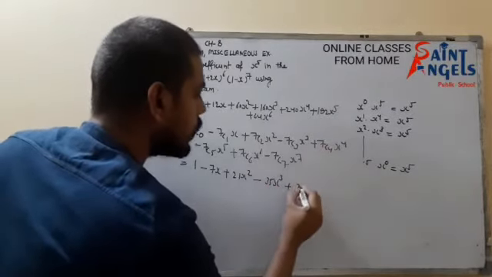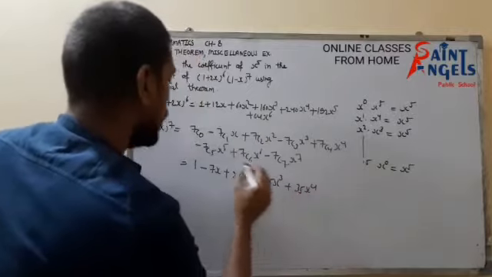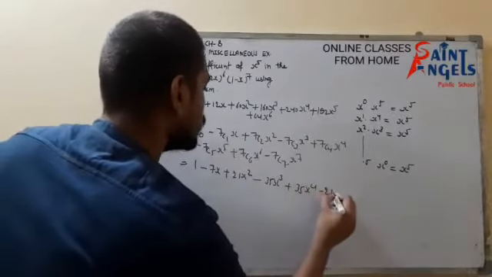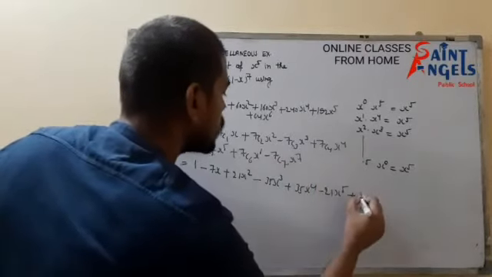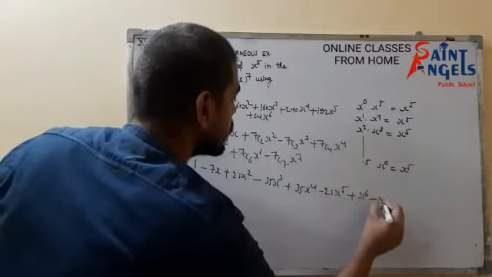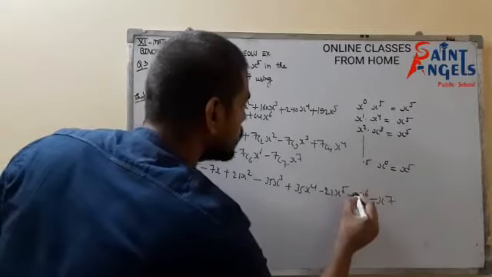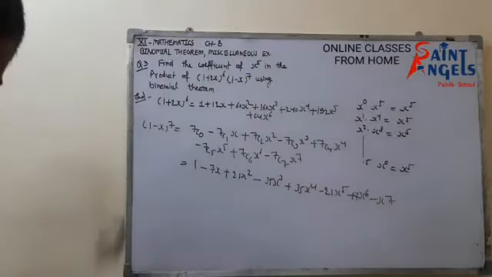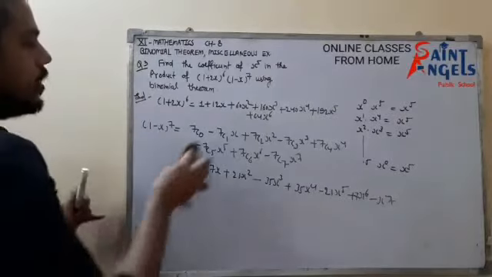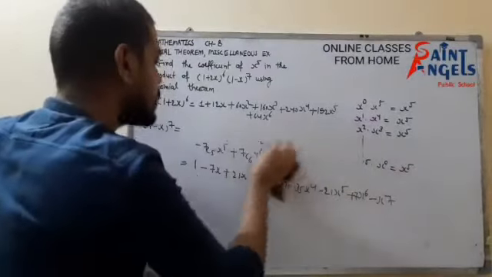that also will be 35x to the power 4, and it would be minus 21x to the power 5 plus 7C6 is 7, x to the power 6, and minus x to the power 7. Sorry, that would be 7. Okay, so this is the expression for (1 - x) to the power 7. So I am writing it directly over here as well because we have lack of space.